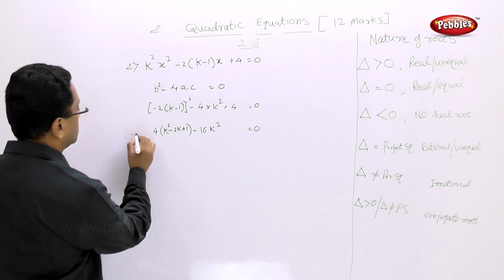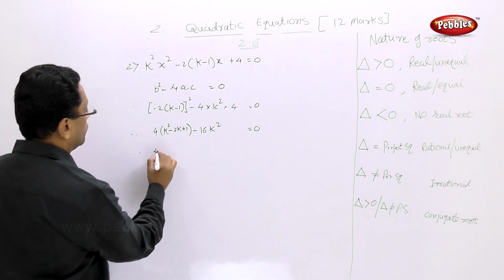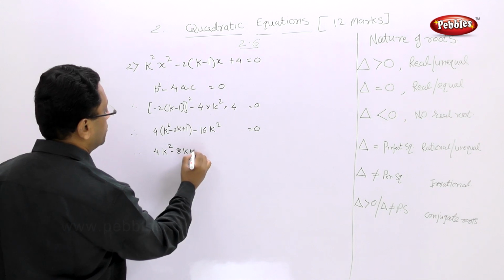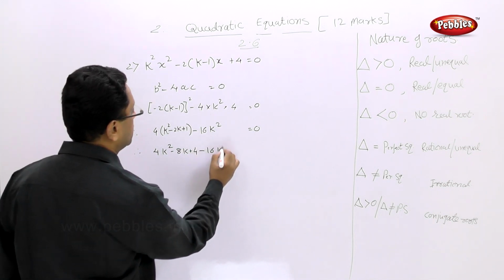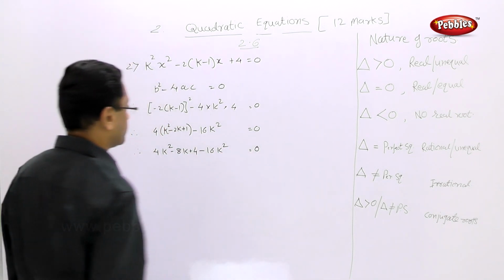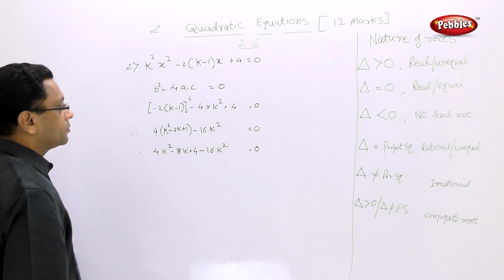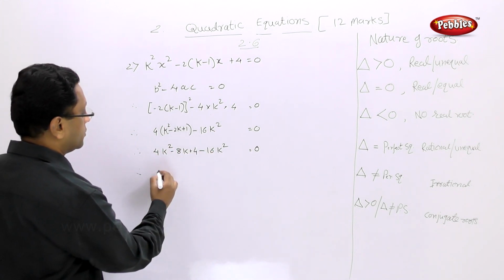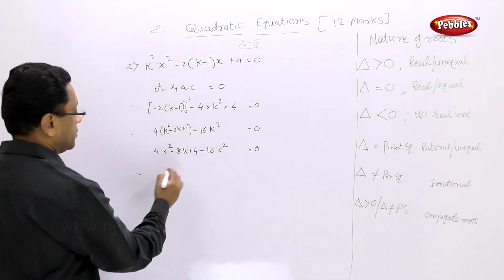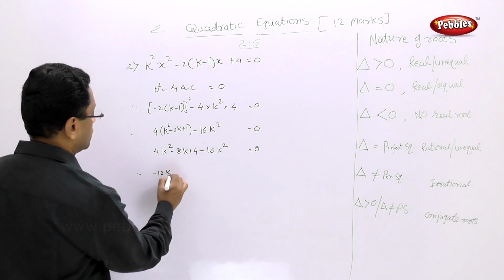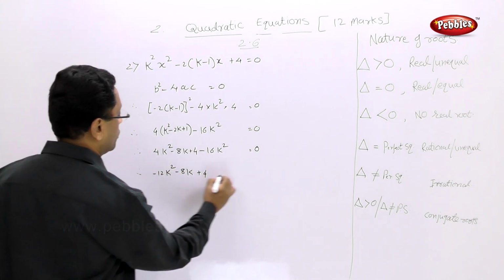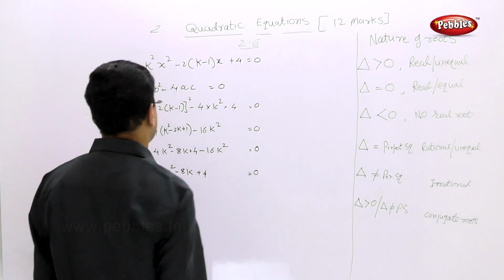Further, 4k square minus 8k plus 4 minus 16k square equal to 0. Then we have minus 12k square minus 8k plus 4 equal to 0.